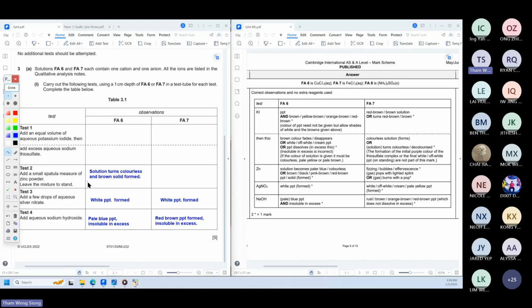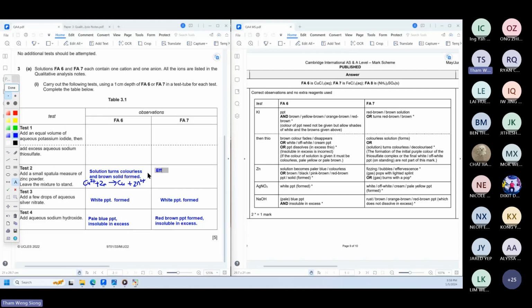What's the metal displacement there? You're having your copper 2 plus and zinc forming copper, that's the brown solid or black solid, plus Zn2 plus. No more Cu2 plus, so the solution turns colorless.